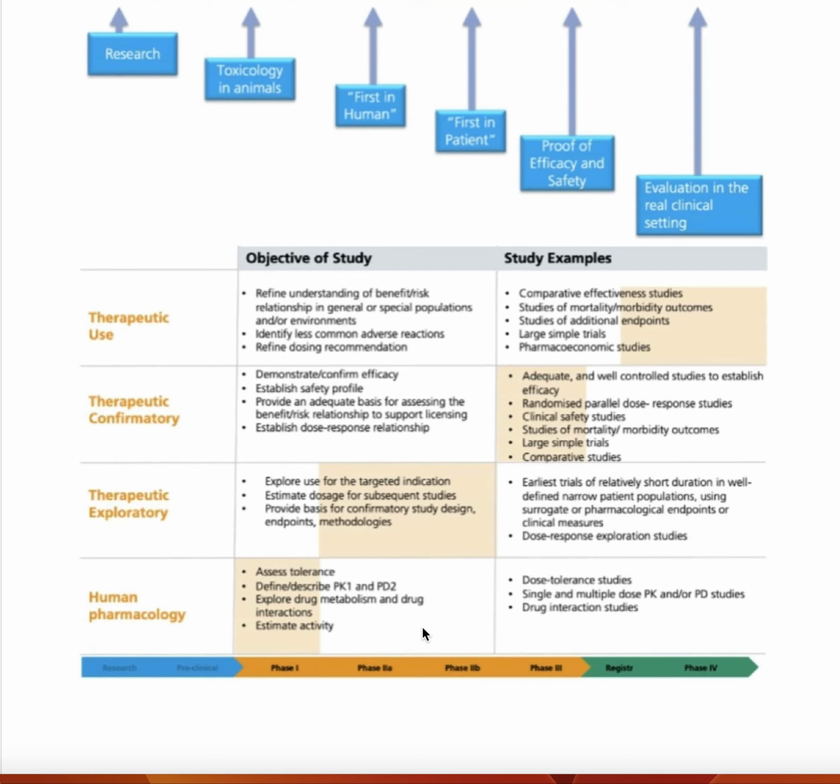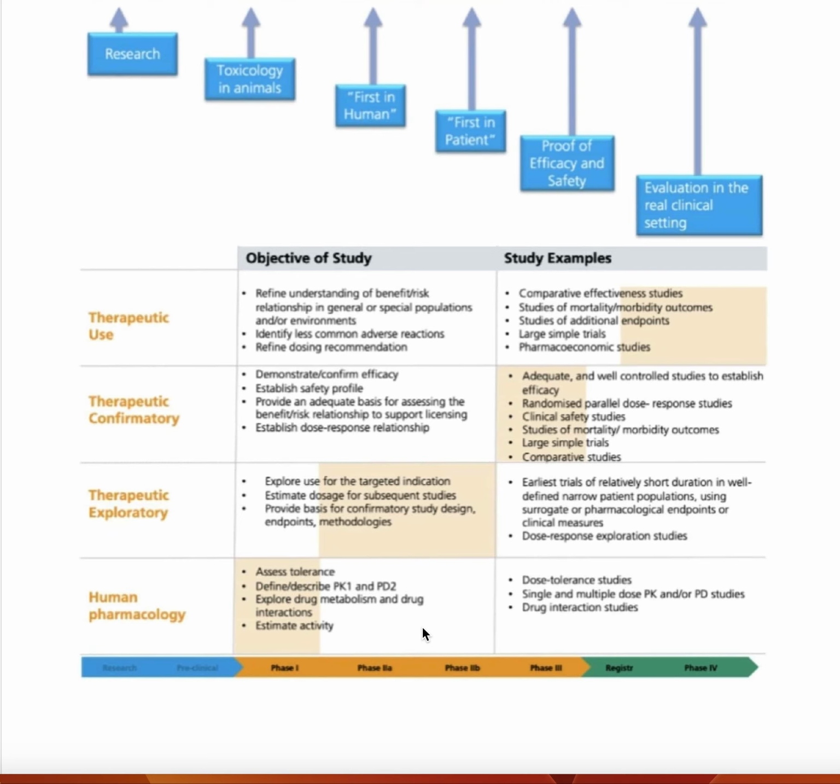So these are the examples of the therapeutic exploratory. The first one is the earliest trials, because we do that in the patients of relatively short duration in a well-defined narrow patient population, and we said from 100 to 500, using surrogate.